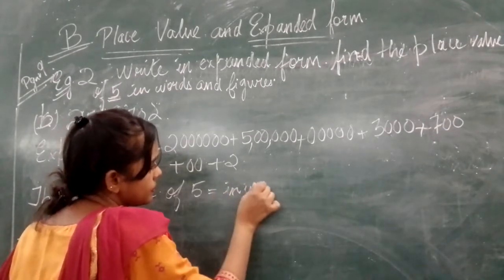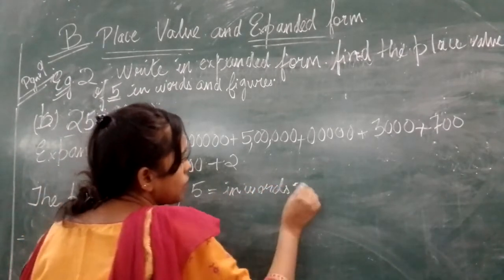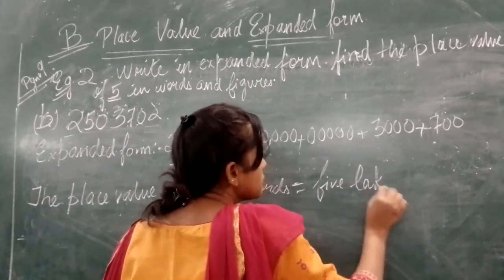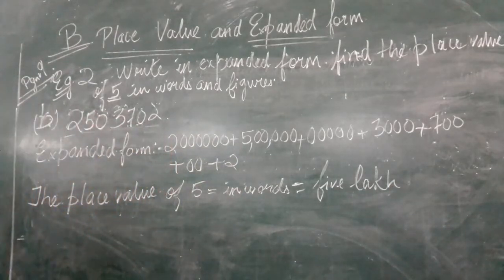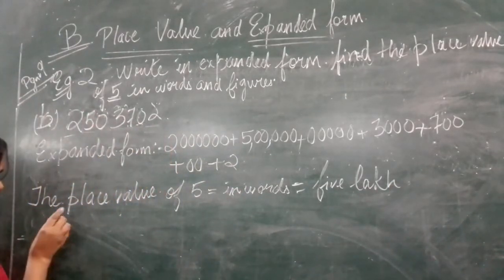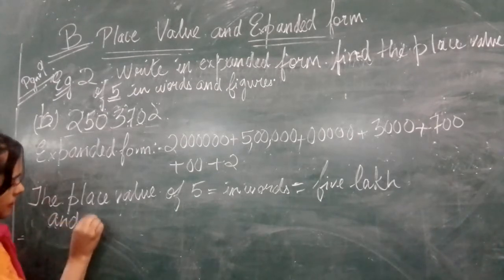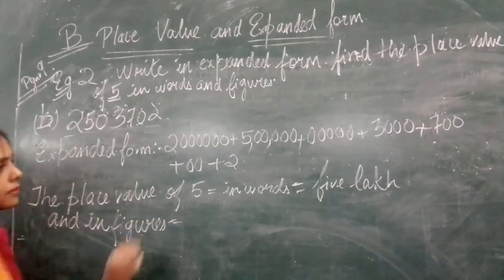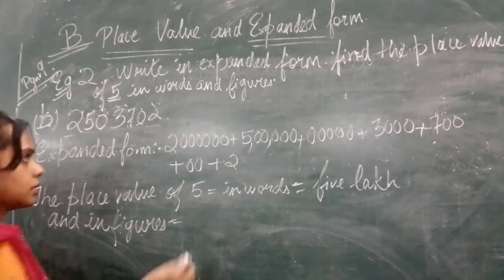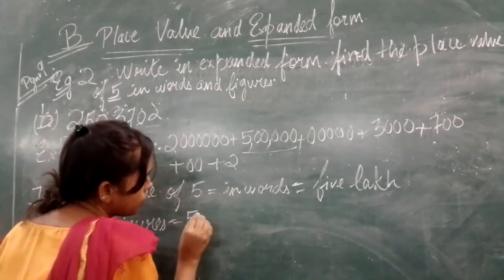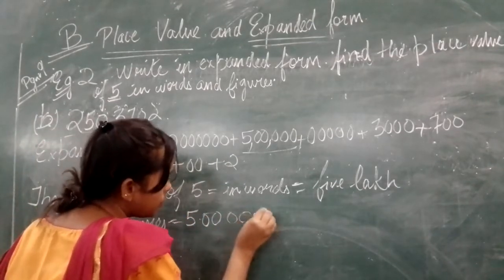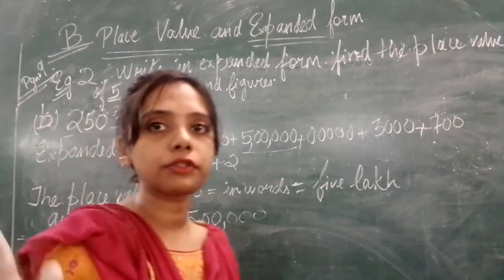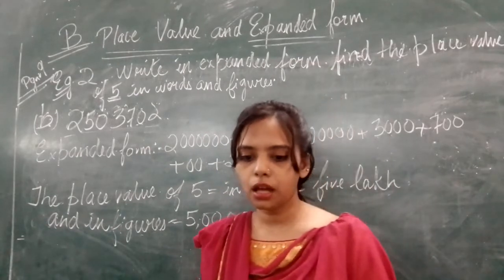In words, put equal to and then write 5 lakh. And in figures, what will be the number? As it is, and you will start putting commas. Now you know where to put commas, so that you can easily read the number, that is 5 lakhs.